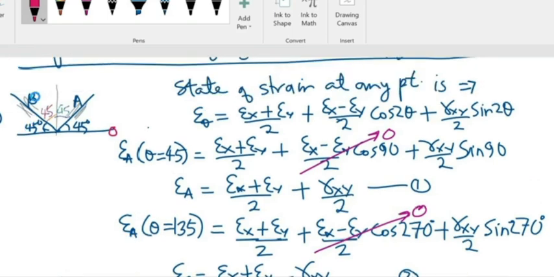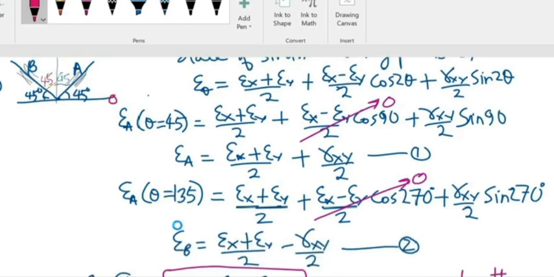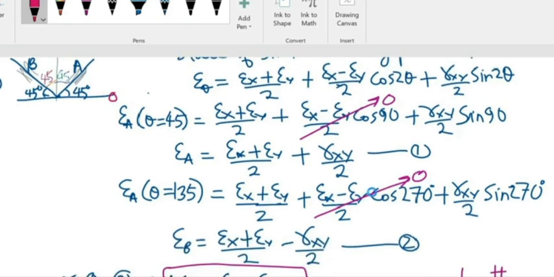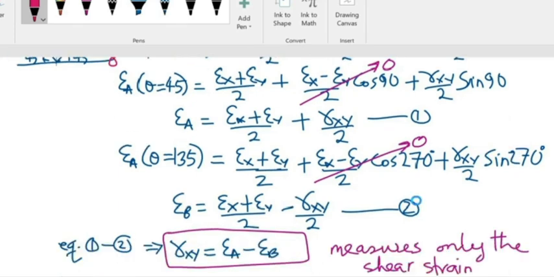And then the second strain gauge, which is B, EB is at what? When you add it up from the reference 0 here, it is going to be at 135. And so here, cos 2 theta in this case is going to be 270, and sin 2 theta 270. So we'll end up with this equation. So we can solve these 2 equations to determine our shear strain.